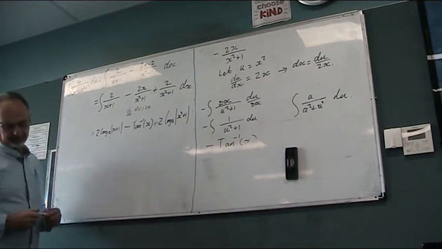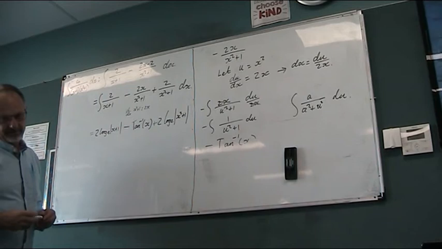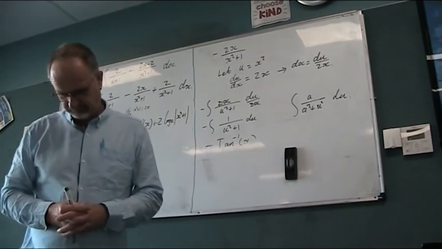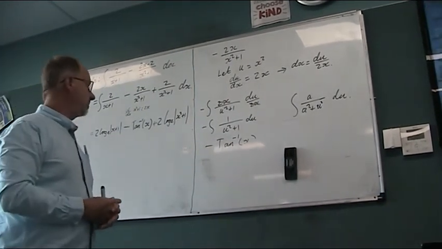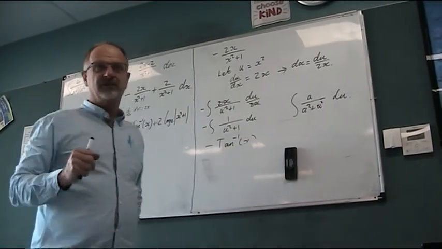But why didn't you do that for the previous example? Why didn't I do that for the previous example? Because it was a difference of perfect squares.